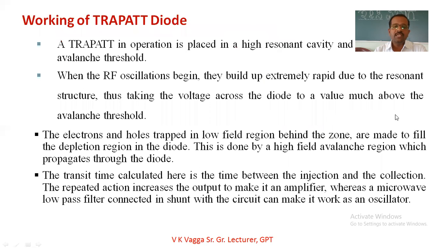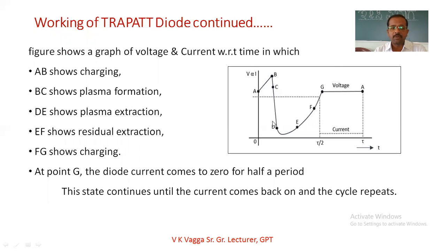Okay, so it's very simple and very easy to remember also initially. The DC voltage is superimposed on the RF voltage, and it is going to act as the plasma, and the voltage is going to cross above the avalanche, and after that it will enter into the recombination of the electrons and the holes in the depletion region.